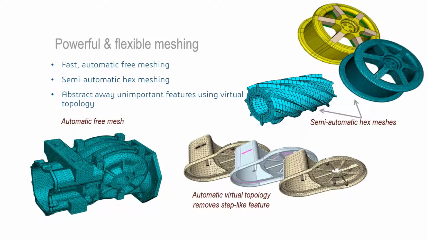We also have a very powerful and complete meshing tool, fast and automatic free meshing for shells and for solids, semi-automatic hex meshing for solids, and tools to abstract away unimportant features with respect to simulation needs.